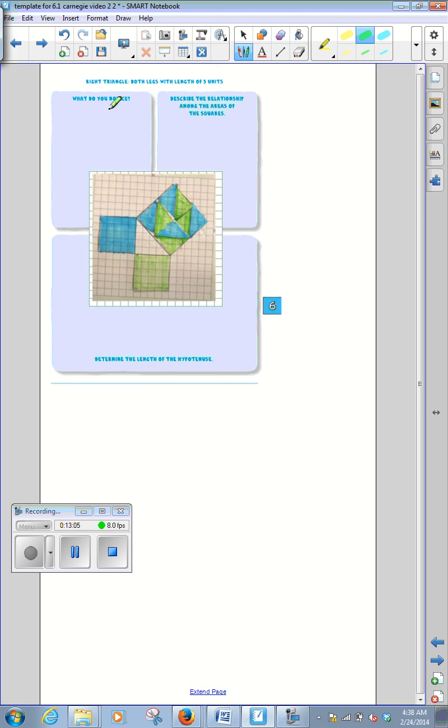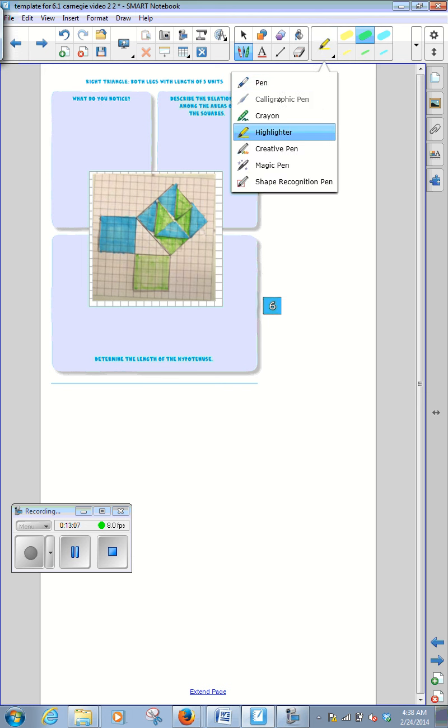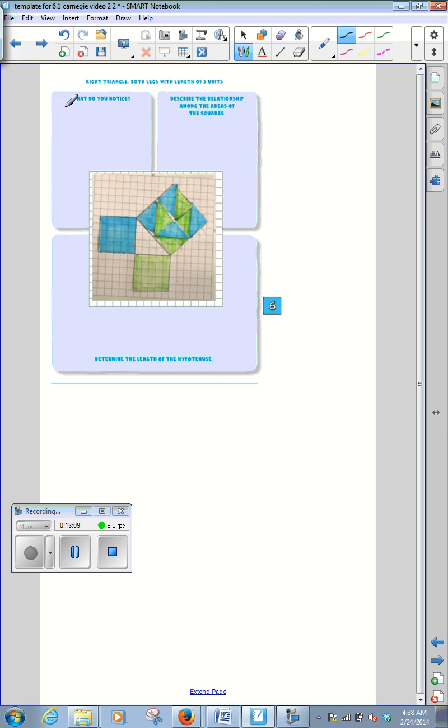So what did you notice? I noticed that the 2 smaller squares, sorry I keep saying rectangle, but it really means the same thing. Smaller squares fit together into the big one.